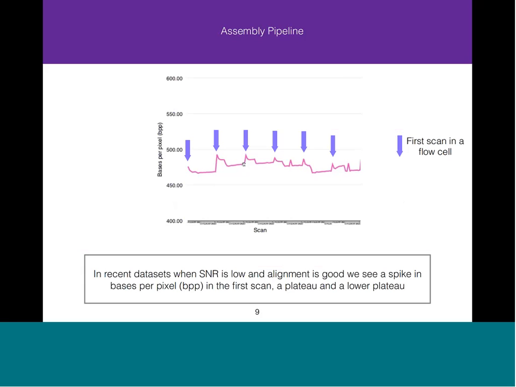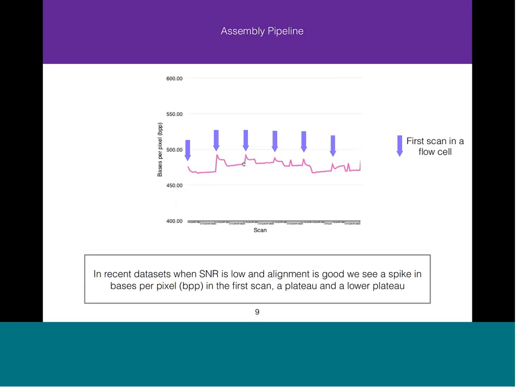So I'm basically checking this just to make sure that all of our flow cells are high quality, identify any problematic ones, and make sure that we're getting good alignment to our reference genome as we move into the assembly process.